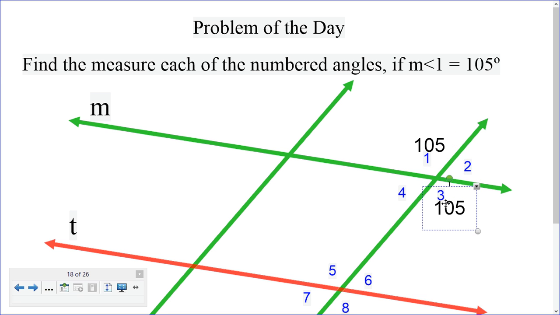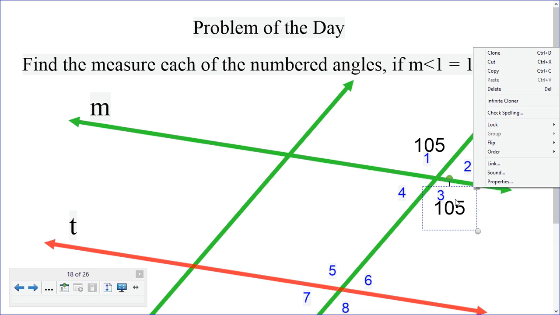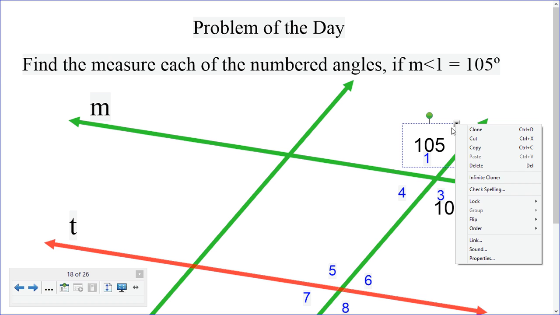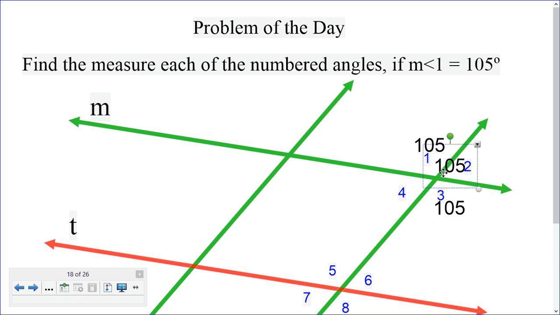So angle 3 is opposite from here. So those are opposite. And I remember that angle 1 and 5 are also corresponding angles because they correspond in the same position. So 1 and 5 would be the same.